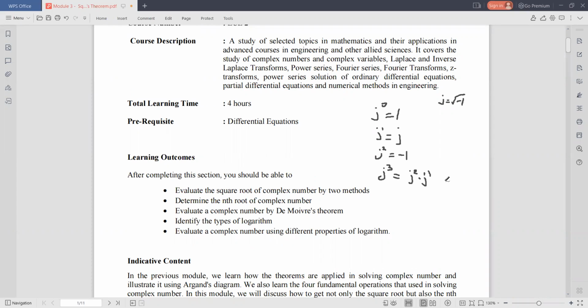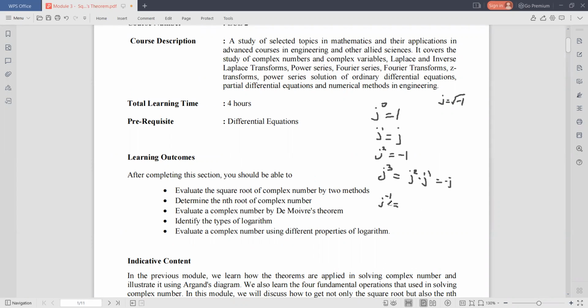Or that is equal to -1 times j. That is equal to -j. Or that is your -i. Yeah, and so on.